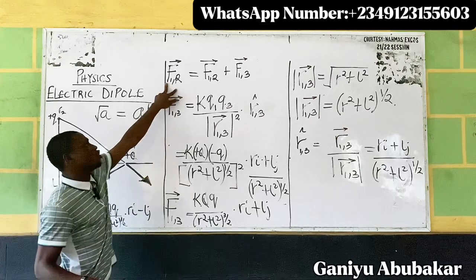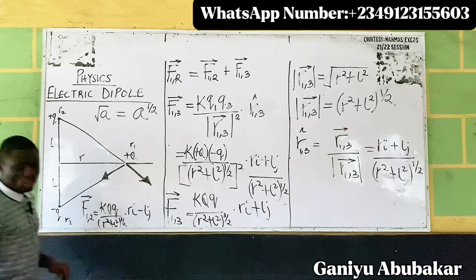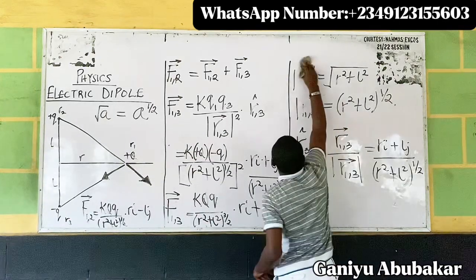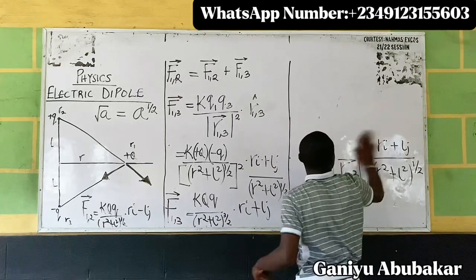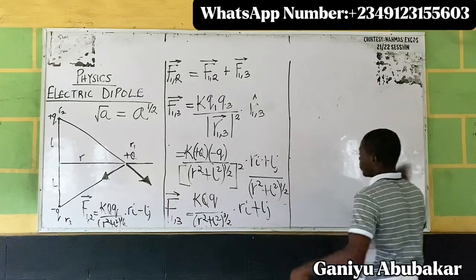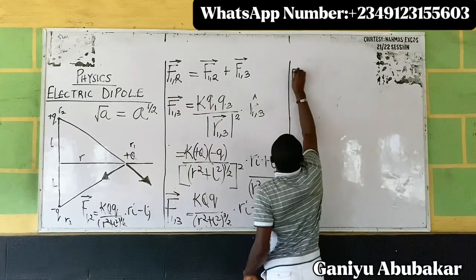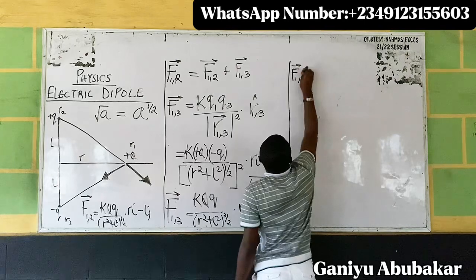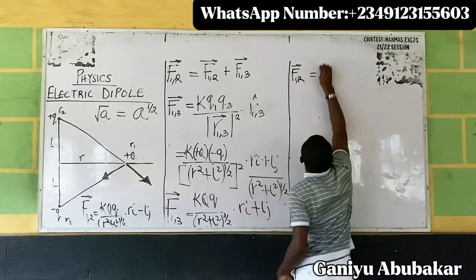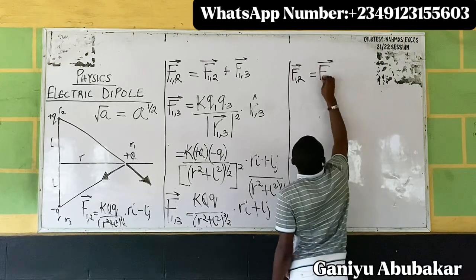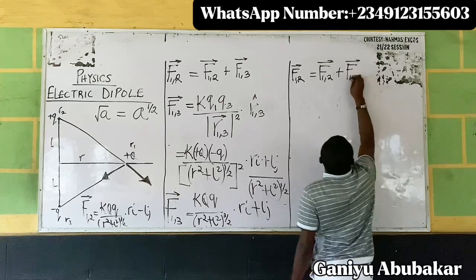Now let's get f1 resultant by combining this answer and this answer together. F1 resultant is equal to F12 plus F13.